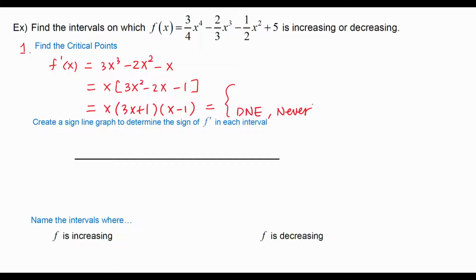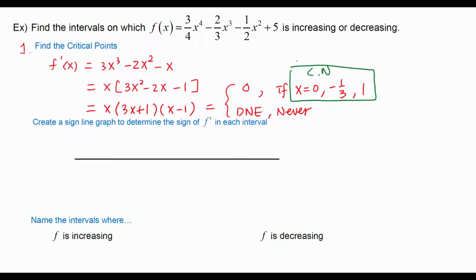So the only way you're going to get a critical number is if this f prime of x was 0. And when is it going to be 0? If x was equal to 0 or negative 1/3 or positive 1. So you have 3 critical numbers, and they are x equals 0, x equals negative 1/3, x equals 1.